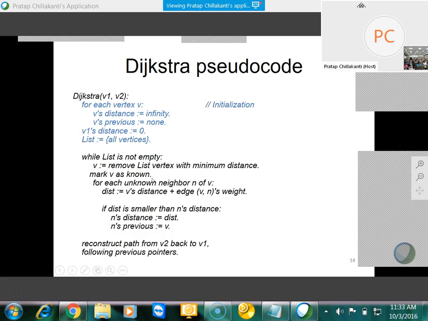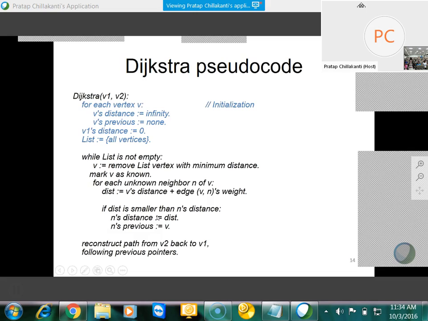Once it is known, mark V as known, because that is the source vertex, right? That is the reference point. And then for each unknown neighbor of V, in our case the V was the S, node S, you are going to calculate the distance from V's distance plus edge, because you are basically adding up the weights, right?